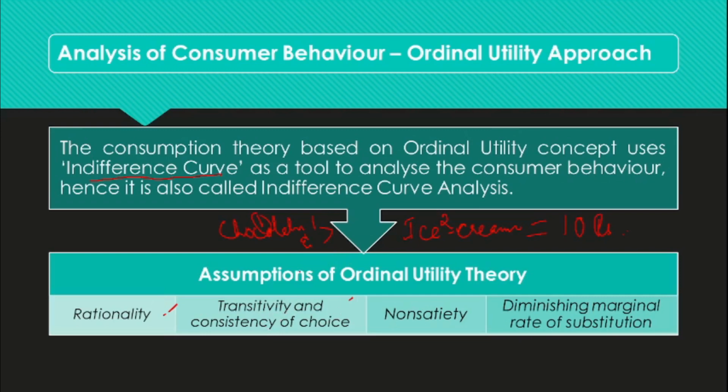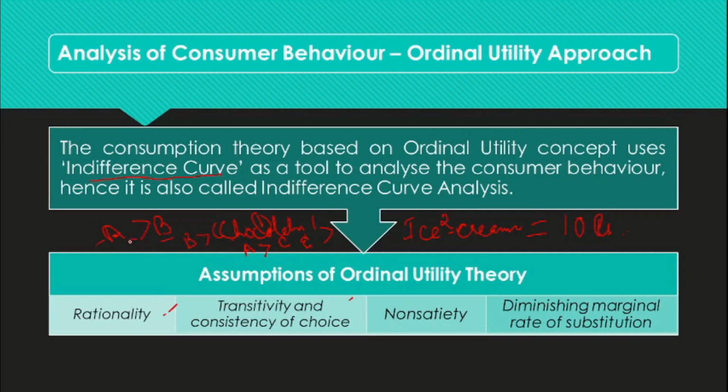Transitivity simply means that if a person says that I prefer product A more than product B, and product B more than product C, then from these two statements, he will definitely prefer product A over product C. The relationship between A and C is not given here, but from these two statements you should be able to draw that conclusion.